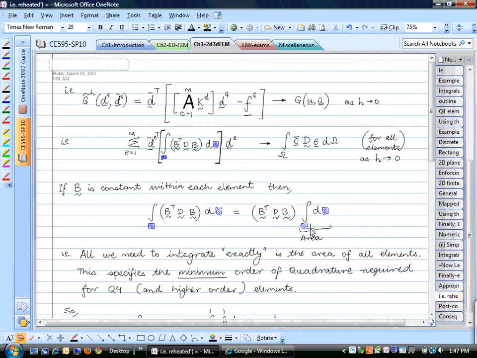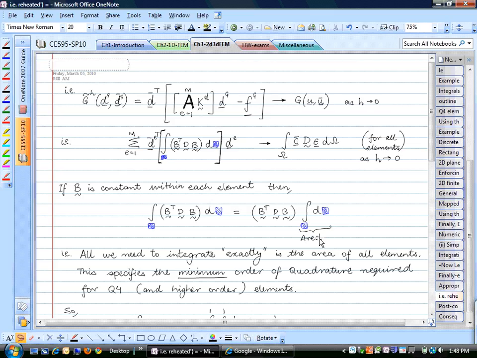So essentially what we are saying is that if B matrix is constant, we pull it out, and now we need to make sure that if somebody gives you 4 nodes, x1, y1, x2, y2, x3, y3, and so on, you have to be able to find its area exactly using whatever quadrature rule that you are using. Obviously, if somebody gives you 4 points, you can easily find the area by hand analytically, but that's not what we are saying here.